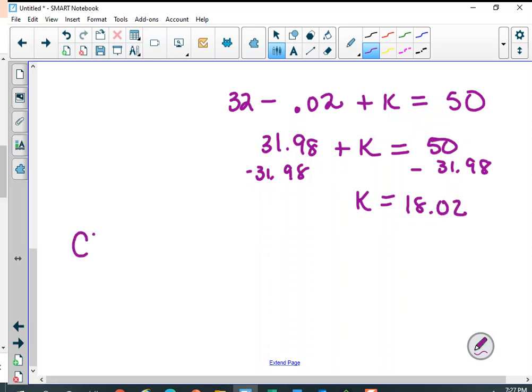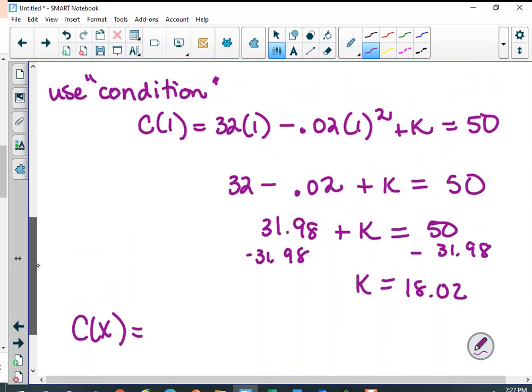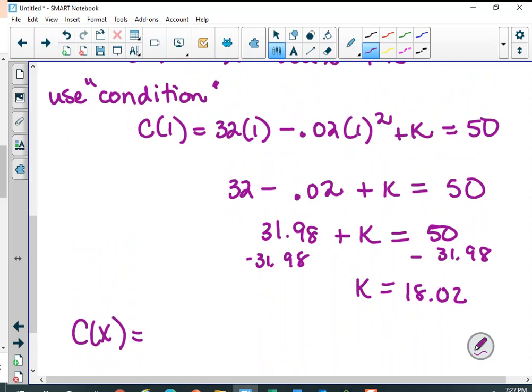So that means my cost function, if I go back to my antiderivative, is 32x minus 0.02x squared plus 18.02.